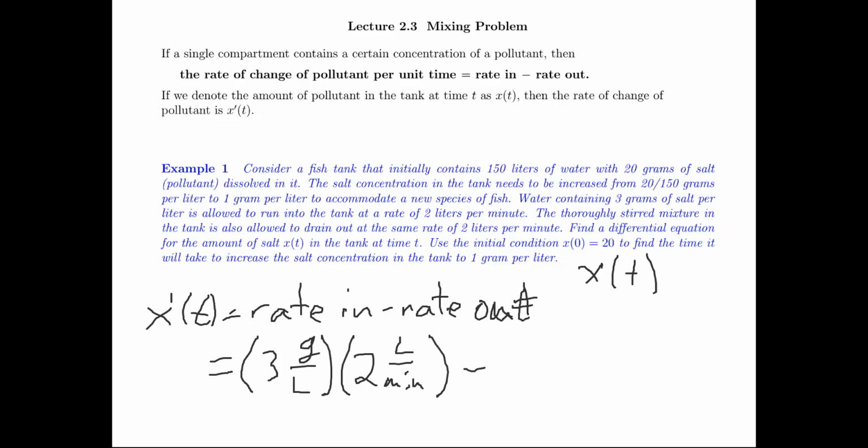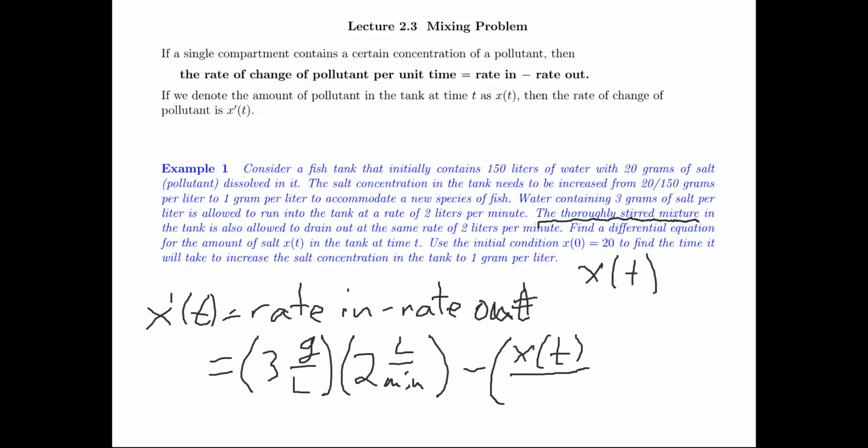So what about the rate out? Well, we say that the mixture is thoroughly stirred. What does that mean? That means we assume that it's all instantly stirred. And so what is the concentration of the mixture that is going out? Well, the concentration is the amount of pollutant in the tank, that was x of t, divided by the volume of the tank.